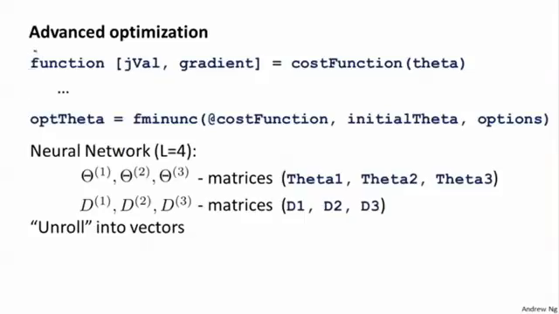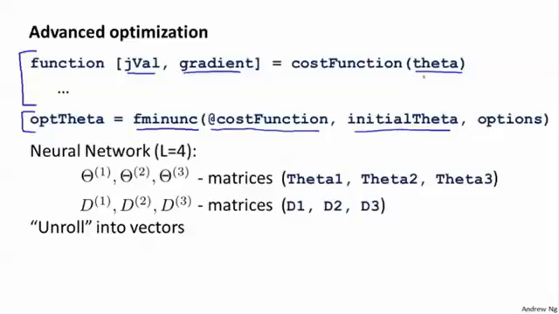Concretely, let's say you've implemented a cost function that takes as input your parameters theta and returns the cost function and returns derivatives. Then you can pass this to an advanced optimization algorithm like fminunc, and fminunc isn't the only one, by the way. There are other advanced optimization algorithms, but what all of them do is take as input a pointer to the cost function and some initial value of theta.